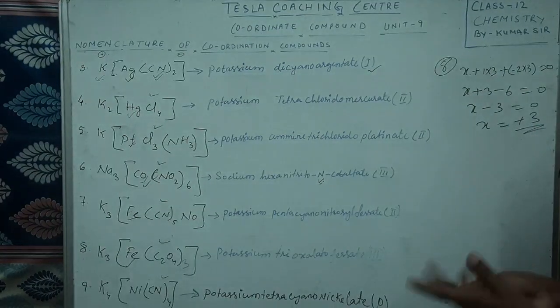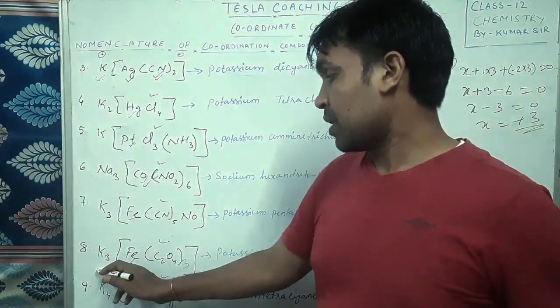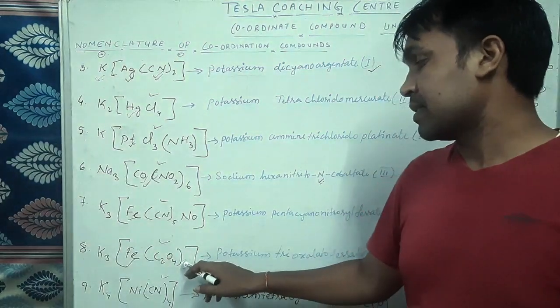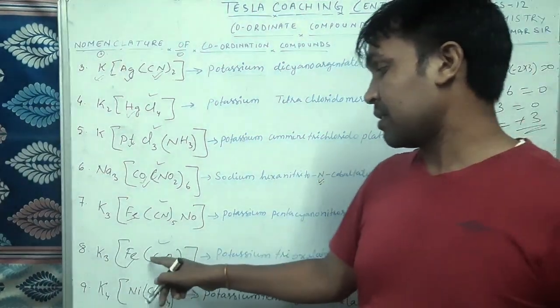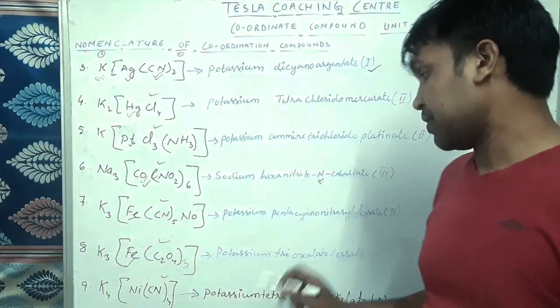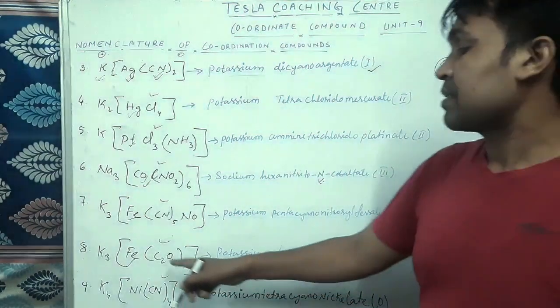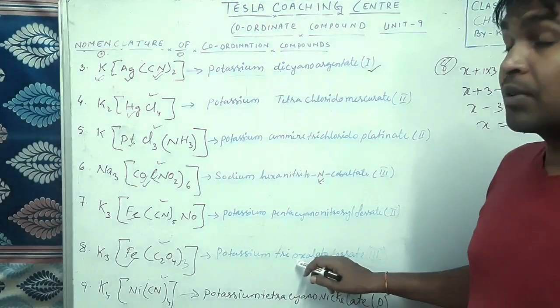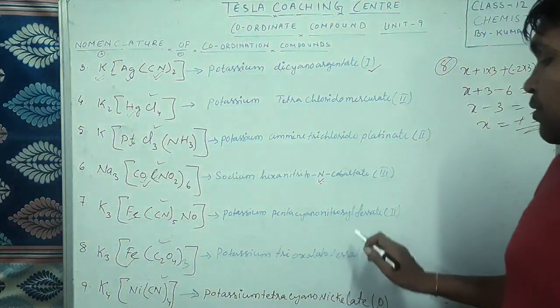Now let's start the naming. So first is what? Potassium. So we have written here potassium. How many oxalate ions are there? 3. How many ligands are there? C2O4, 3. So this ligand is called oxalate, so it will be changed into oxalato.